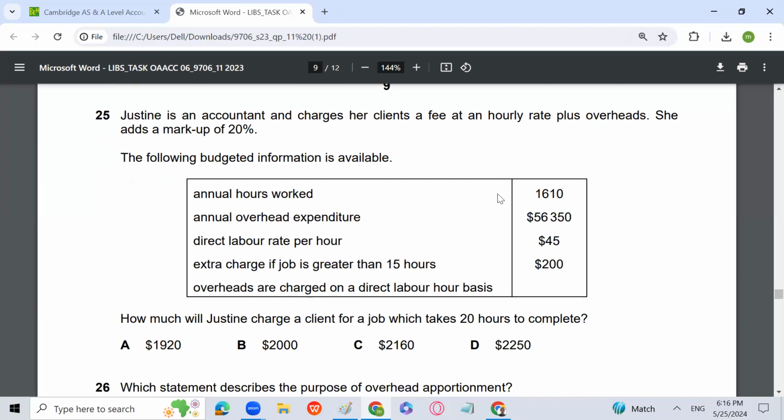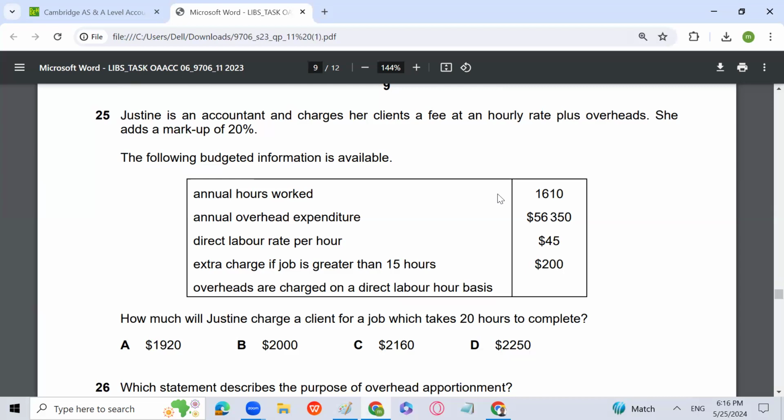Annual hours worked 1610, annual overhead expenditure 56350, direct labor rate per hour 45, extra charge if job is greater than 15 hours, $200, and overheads are charged on a direct labor hour basis. How much will Justin charge a client for a job which takes 20 hours to complete? So how much will Justin charge a client for a job which takes 20 hours to complete?